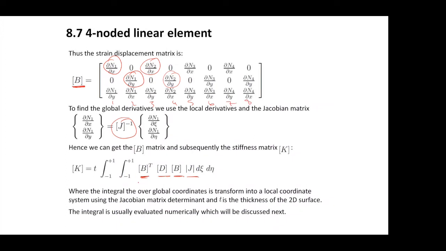So here you have 8 by 3 multiplied by 3 by 3 multiplied by 3 by 8. So the resulting matrix is going to be 8 by 8. So the stiffness matrix for this 4-noded element is going to be 8 by 8. And you have elements that are much larger than this, and especially once you get into 3 dimensions.